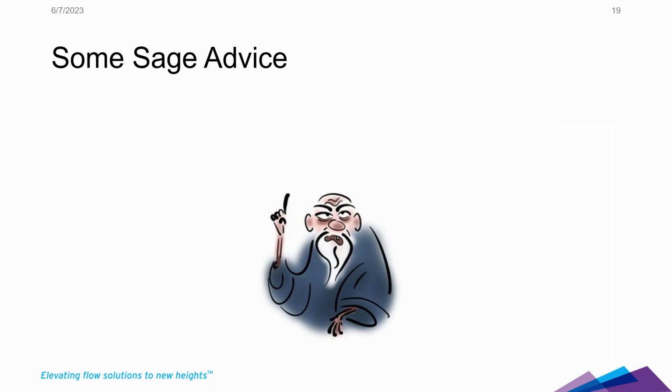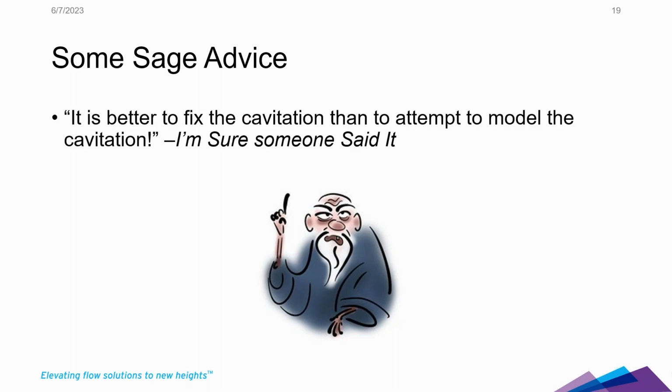All right, let's close the PowerPoint part of the presentation with some sage advice. It is better to fix the cavitation than to attempt to model the cavitation. I'm sure somebody said that quote somewhere. We always highly recommend that it is better to try and figure out how to solve the cavitating behavior.